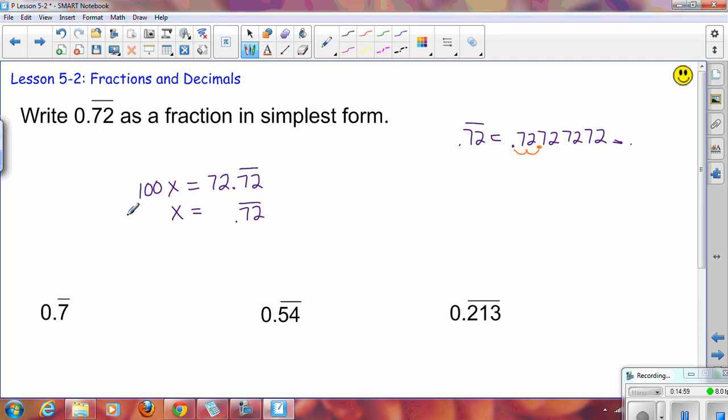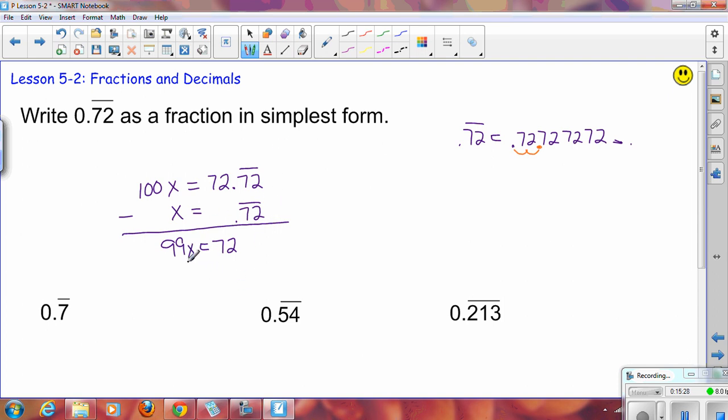When we subtract this equation from this equation, you get 99x, because you had 100 x's, you took away 1 x, you have 99 left. And over here we just have 72, because 0.72, 0.72, 0.72 forever, and then you subtract 0.72, 0.72, 0.72, all that forever. They cancel each other out, and you wind up with just 72.